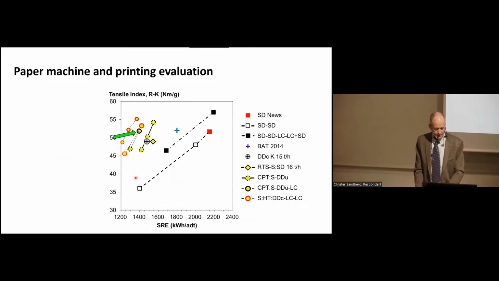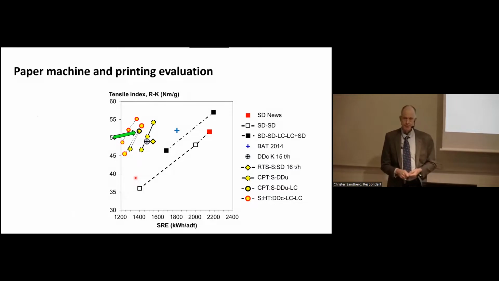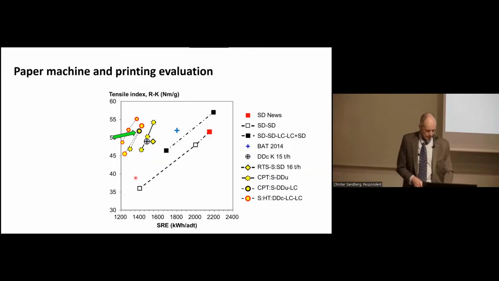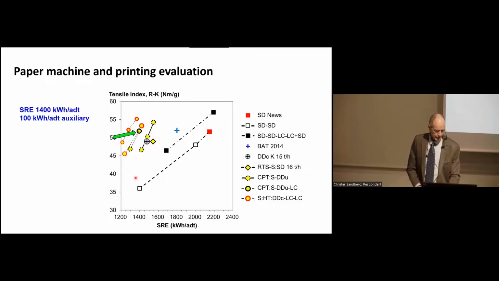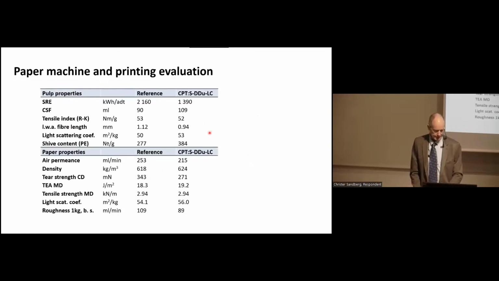And that is that point in this efficiency graph. So we consumed some 1400 kilowatt hours per ton to produce that pulp, and 100 kilowatt hours per ton auxiliary energy. And compared to this pulp, around 2,200 plus 250 kilowatt hours per ton auxiliary energy.